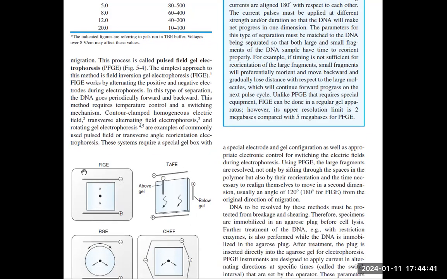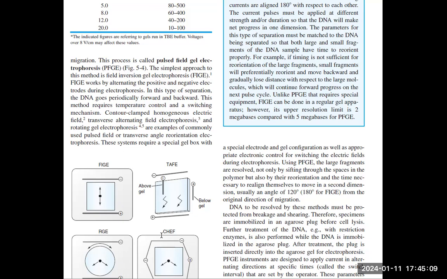The most common, simplest approach to this method is field inversion gel electrophoresis, in which there is a periodic forward and backward movement of the DNA as we control the temperature and have a switching mechanism. All these four approaches are under pulse field gel electrophoresis.